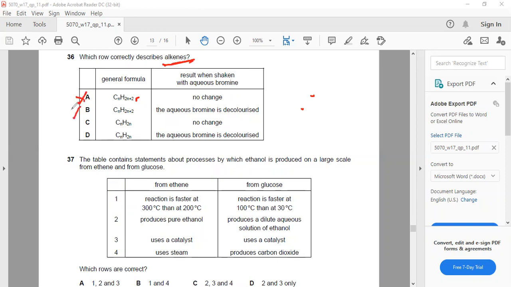Alkene means these two are wrong. Alkane. CnH2n is alkene. With aqueous bromine decolorizes. Okay. CnH2n is alkene.